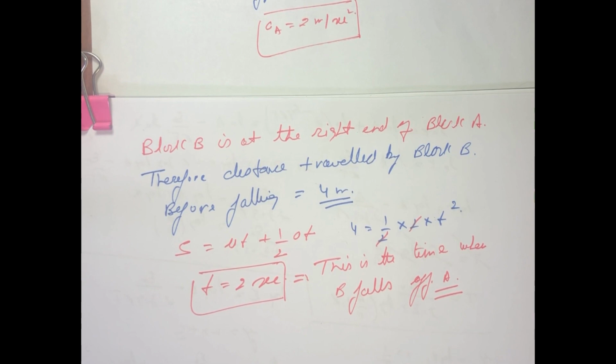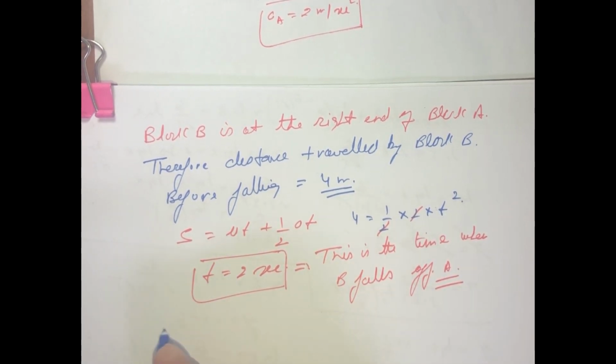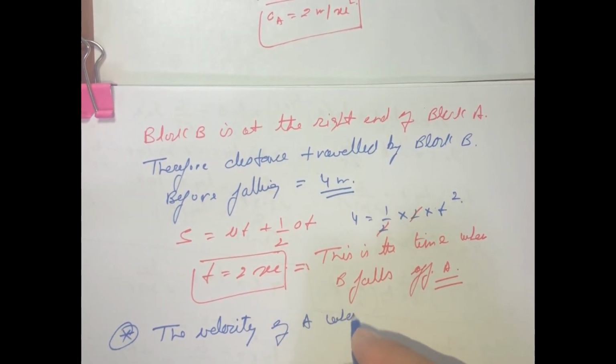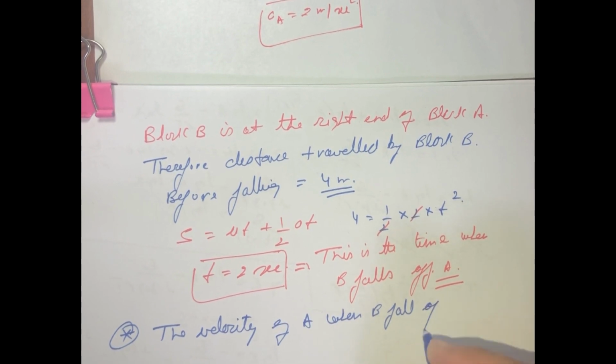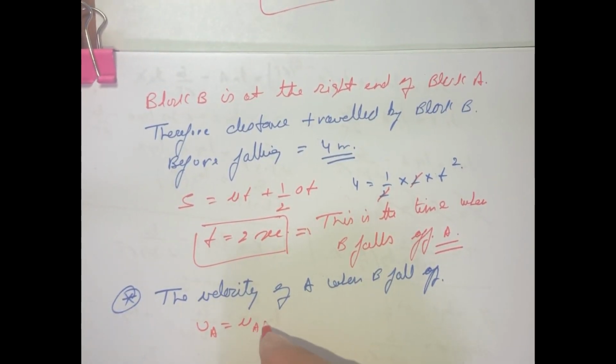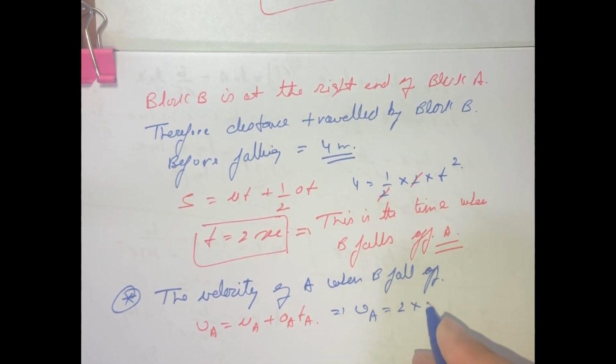Now we have to find the velocity of A when B falls off A. So we can find out that the velocity of A when B falls off, so this will be VA is equal to UA plus at, and initial velocity is 0, so we can say that VA is equal to a is our 2 and time is also 2.